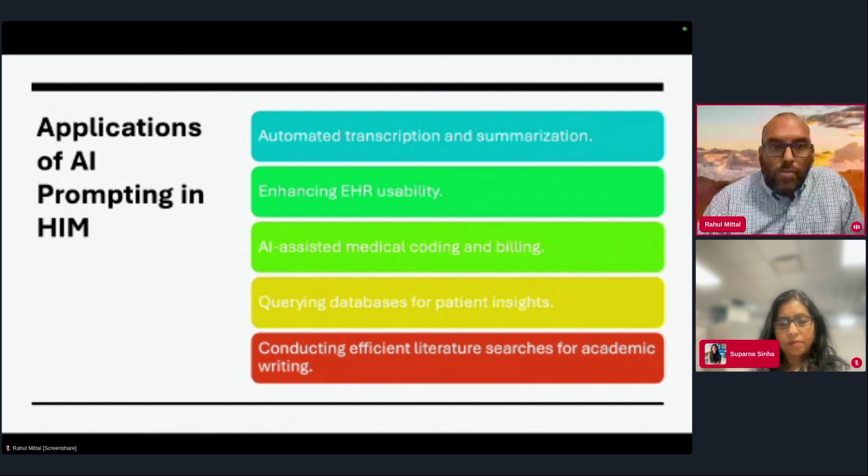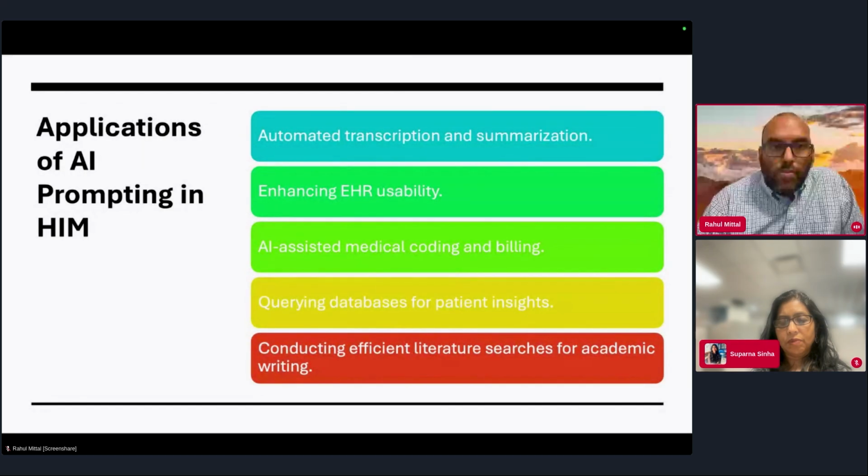Slowly over time, since the introduction of large language models, starting with ChatGPT, we've been applying them to various elements of the course: starting with automated transcription and summarization, enhancing electronic health record usability, AI-assisted medical coding and billing, and querying databases for patient insight.